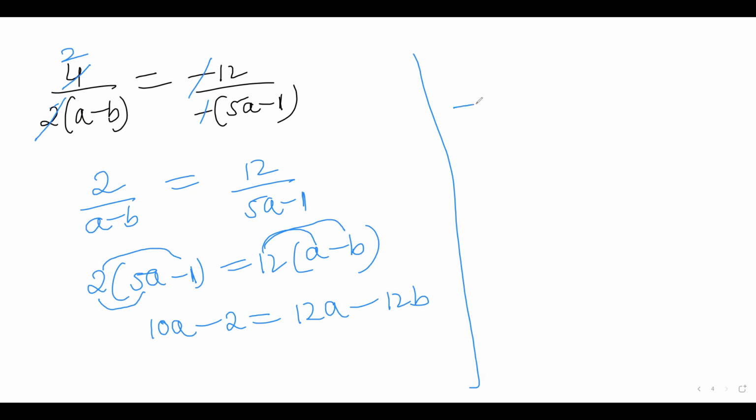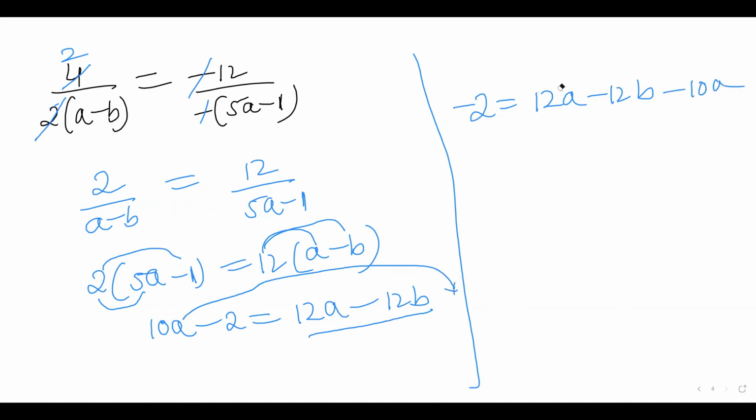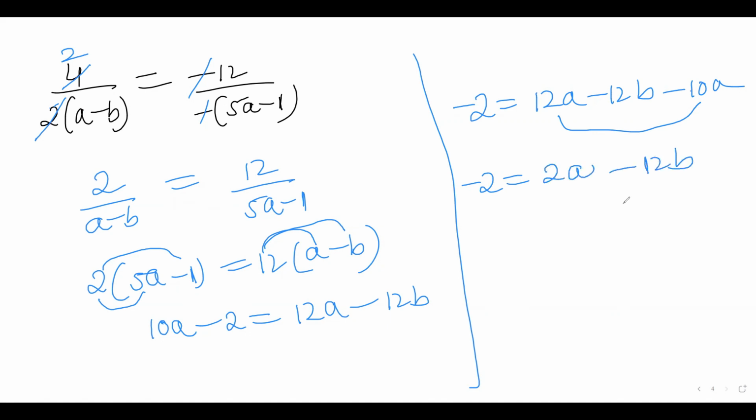Leave minus 2 here, 12a minus 12b written as it is. I am transposing this 10a to the other side. It will become minus 10a. Now you can simplify the a's, subtract. Minus 2 is equal to 12 minus 10, 2a minus 12b.